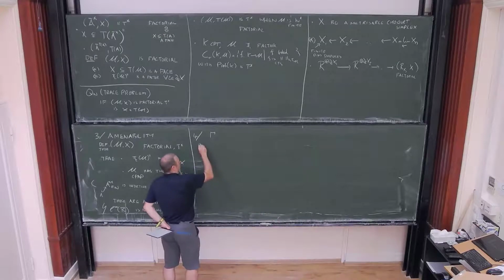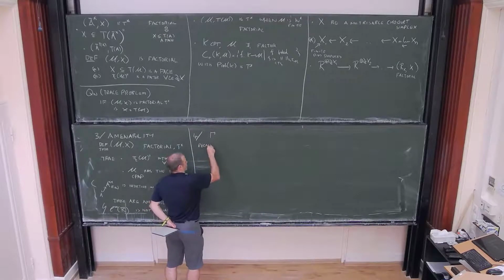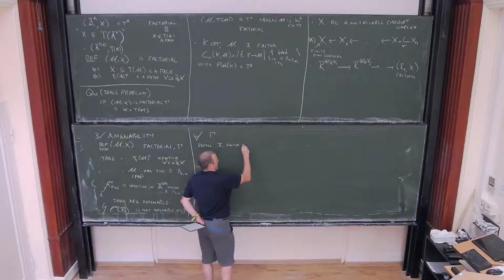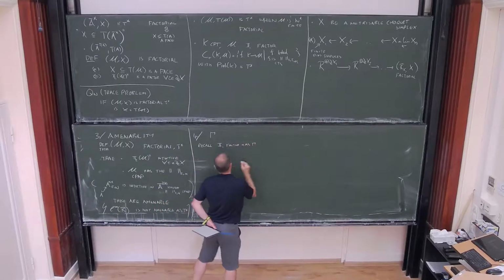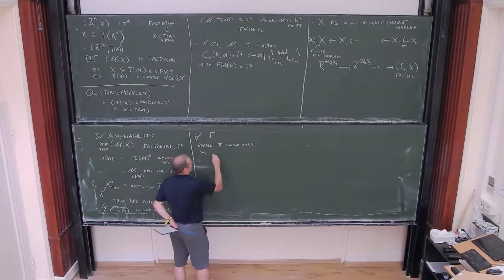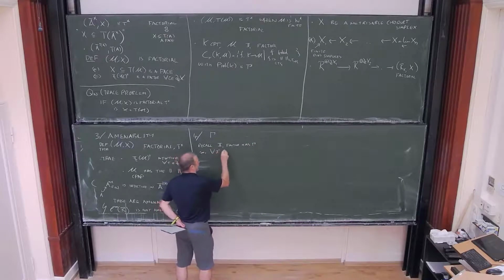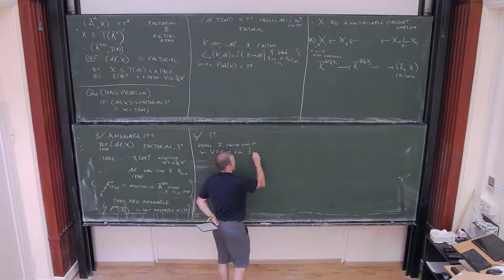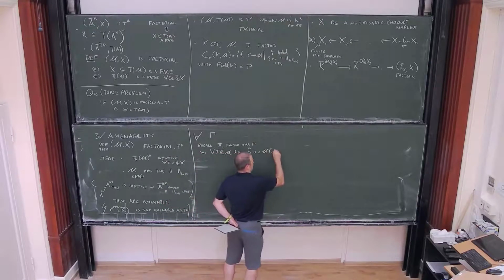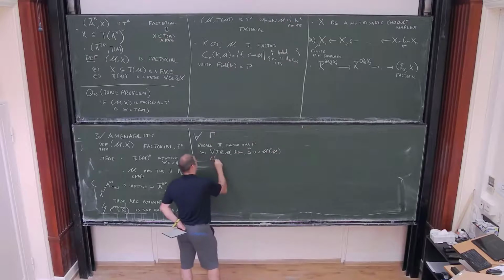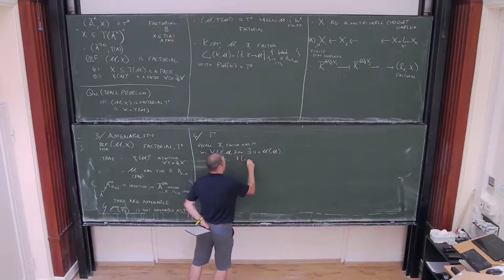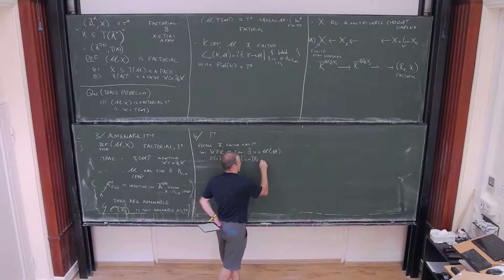Recall that a II_1 factor has gamma by definition if and only if, for all finite subsets and for all epsilon greater than 0, there exists a trace-free unitary, trace of U equals 0, such that U approximately commutes with the finite set.